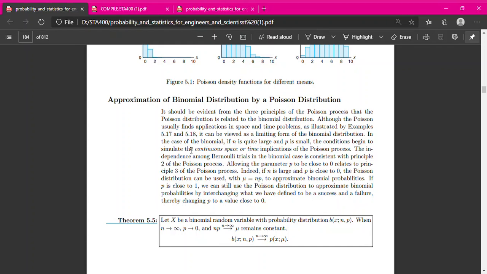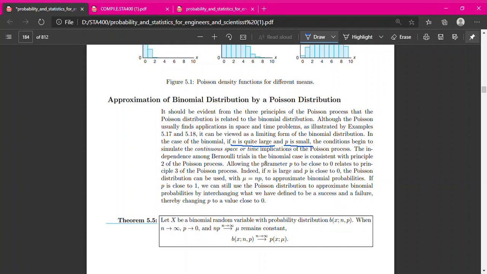In case of the binomial, if n is quite large and p is small. Kalau situation binomial kan, your parameternya adalah probability of success dan juga number sample space n.